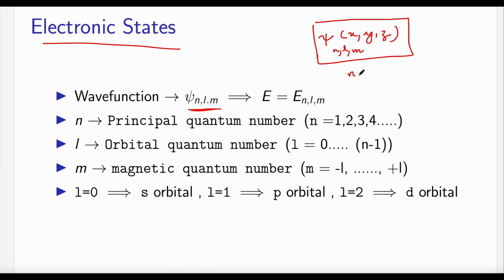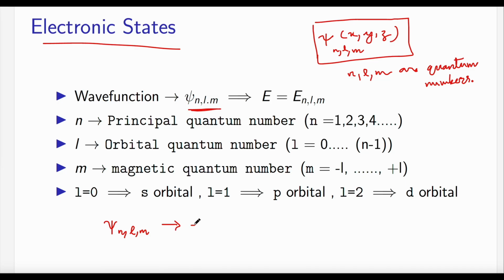So n, l, and m are quantum numbers. And what is important here is that in the state psi n, l, m, these are quantum numbers.